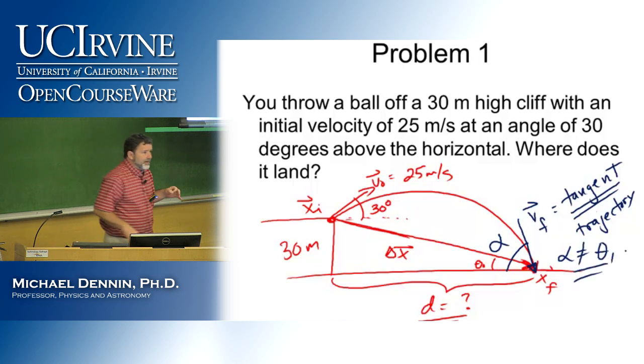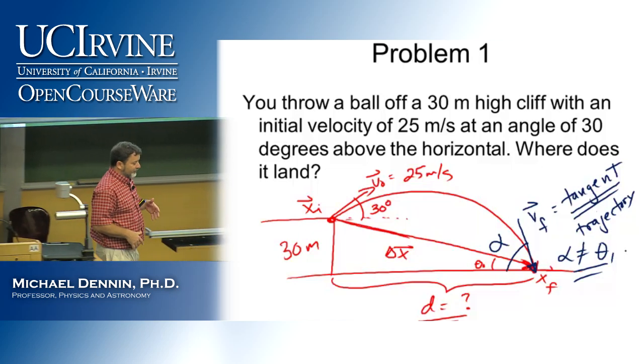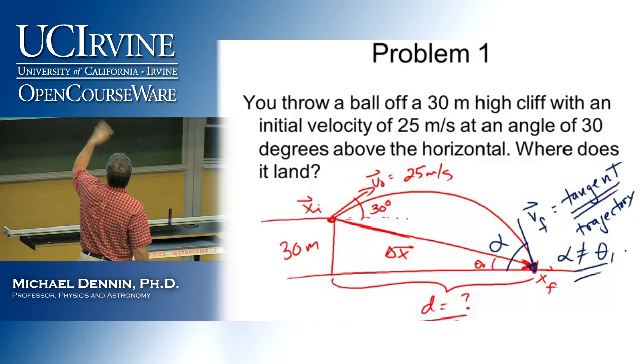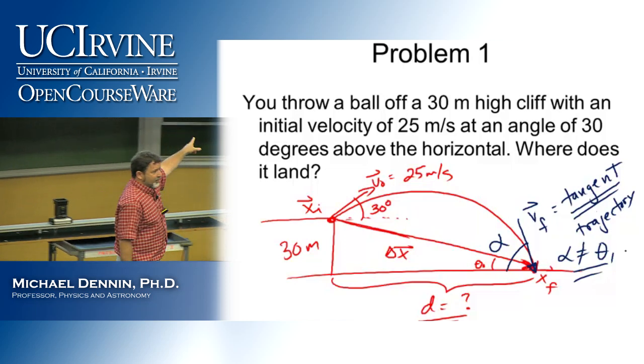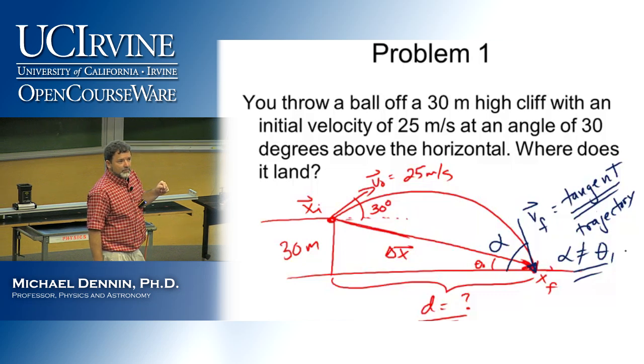This is very important. These are the sort of things that you have to get used to from the English point of view. If I ask where it lands, I'm talking about displacement. If I ask what angle it hits the ground with, what am I talking about? Displacement or velocity? Velocity. Velocity is the direction you're moving, so velocity is the angle you hit things with.